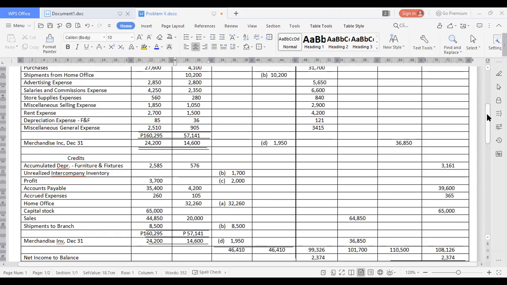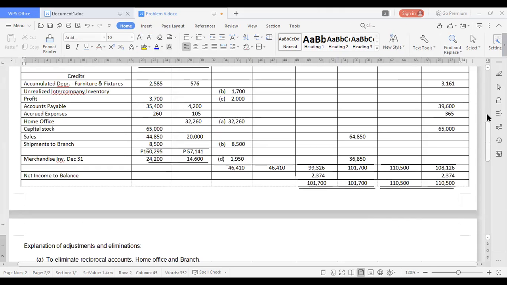Finally, in the balance sheet, you have your assets, liabilities, and shareholders' equity. For the debit side of the income statement, 99,326. For the credit side, 101,700. So the credit side total representing revenue items is greater than the debit side total representing cost and expenses.